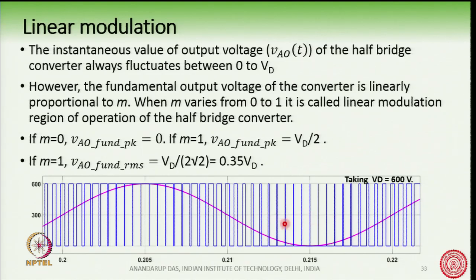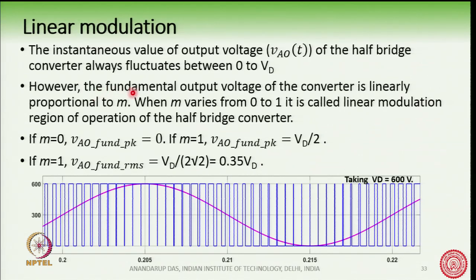Of course, it means that the average voltage is going down here, and then it progressively increases, and it becomes maximum at this point. So, the AC is embedded inside this PWM waveform or the pole voltage waveform. Okay.